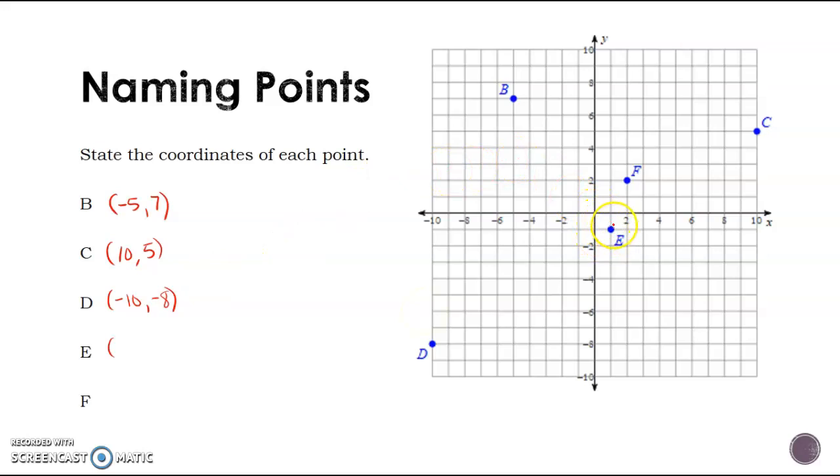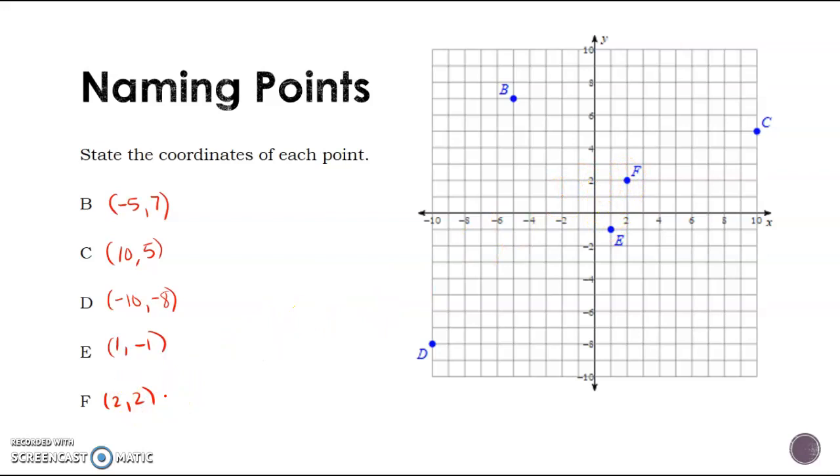So here's point E. We're in the fourth quadrant, which means positive x with a negative y, and I've got a positive 1, right? Yep, positive 1 and negative 1 is for point E. And then finally F. F is sitting here at a positive 2 and positive 2.